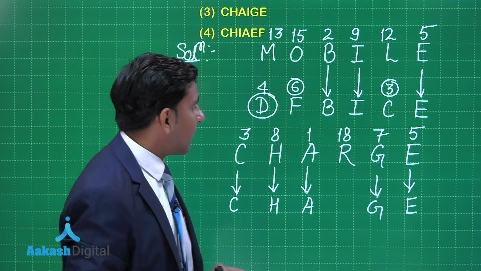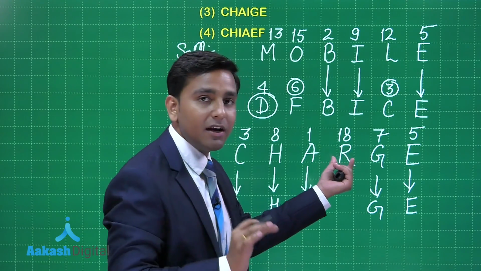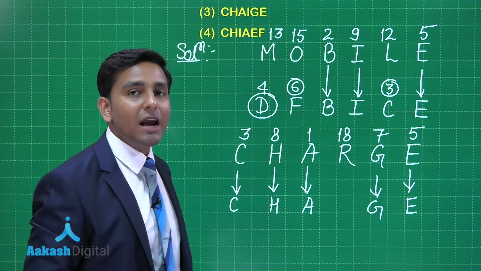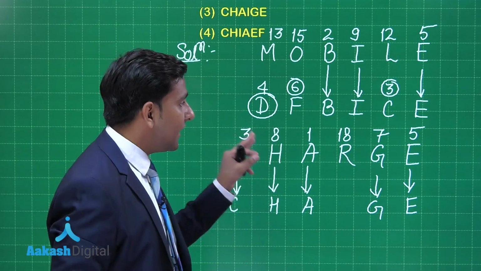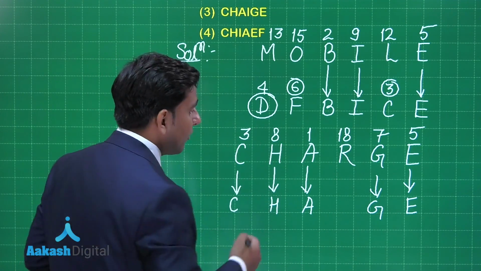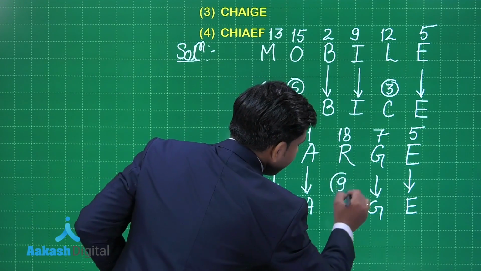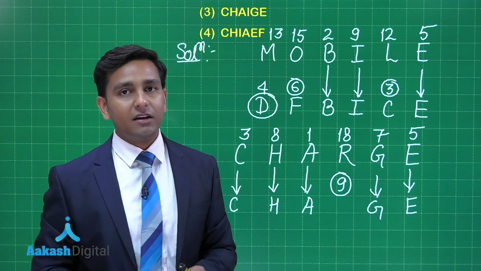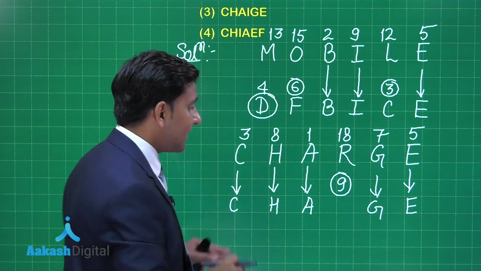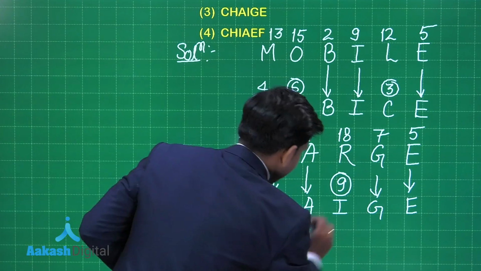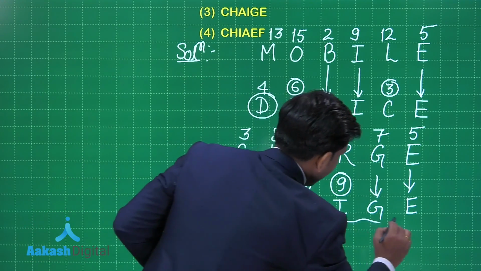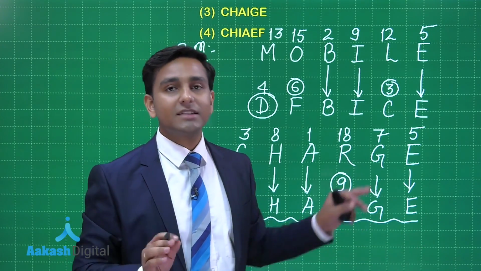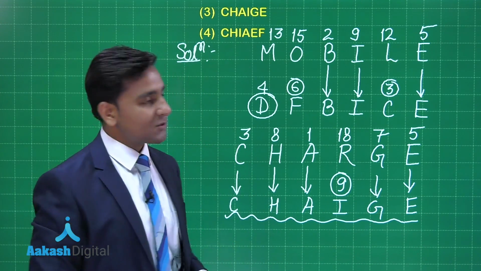That means we only have to find the code for this letter R, whose position is 18th in the English alphabet, and when we add the digits of this number 18, that means 1 plus 8, we obtain a number 9. That means we have to find a letter in the English alphabet whose position is 9, and the correct answer is I. So this is the coded word CHAIGE, and this is the answer for this question.